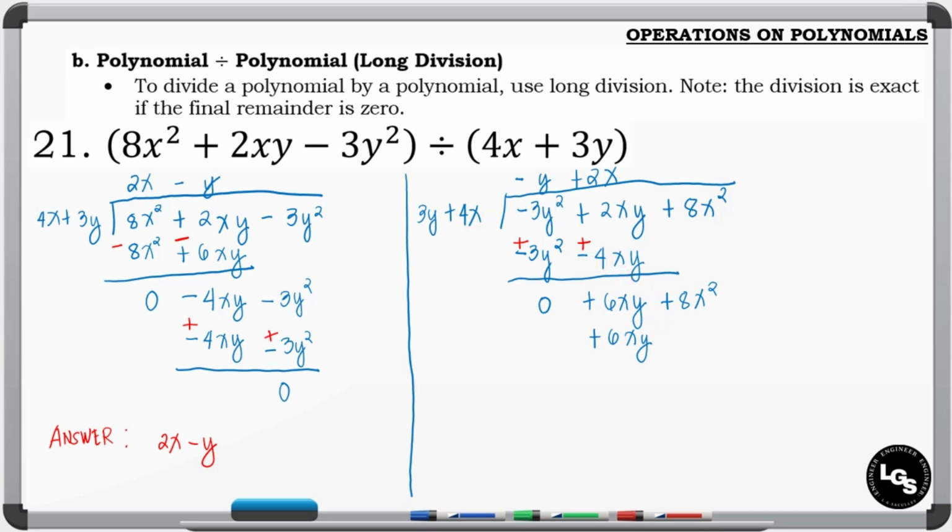So that is positive 8x squared. Then of course, we need to subtract again by changing the sign. So this will become negative. This will also become negative. Then let's proceed to addition. So positive 8 plus negative 8, that is 0.